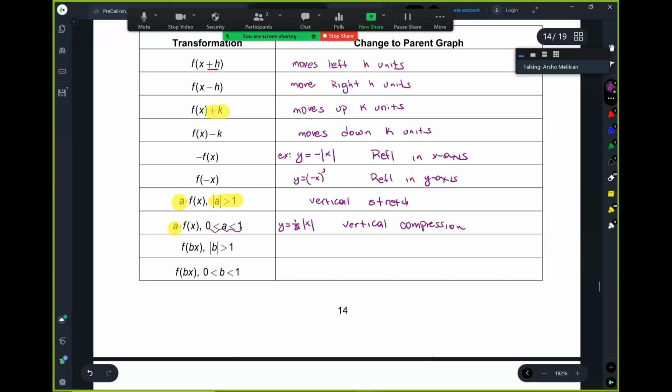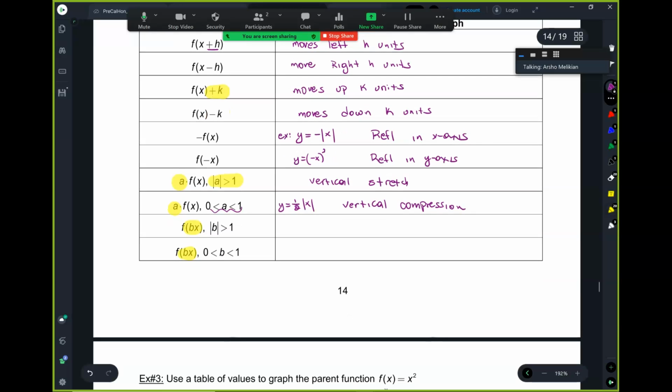Okay, now, if you have f of b of x, that's a horizontal compression and a horizontal stretch. These are opposite. If b is greater than 1, it's a horizontal compression.